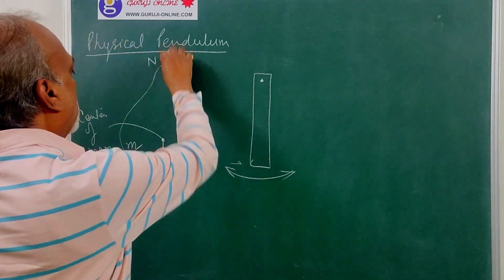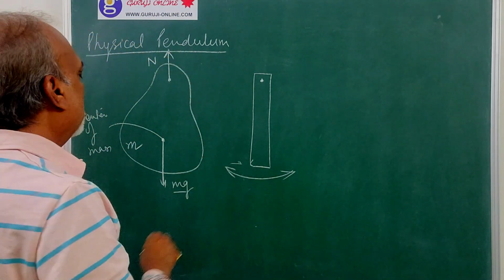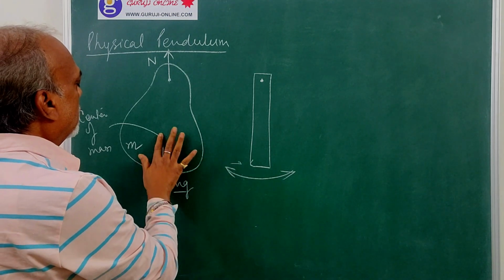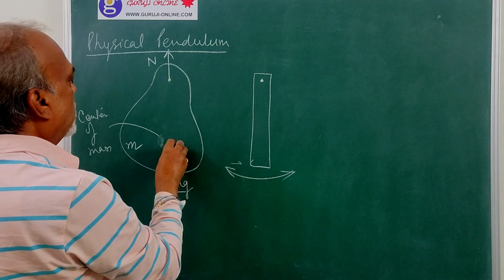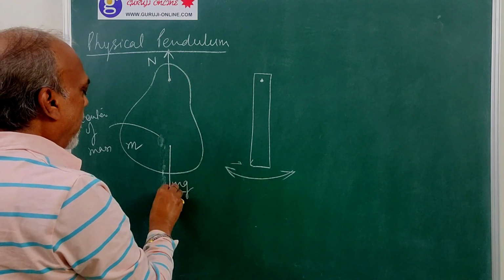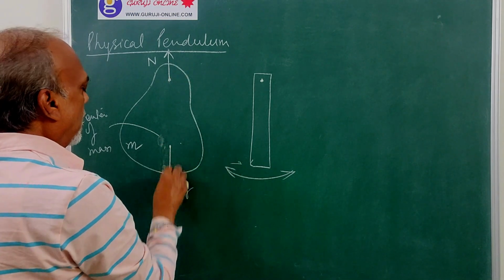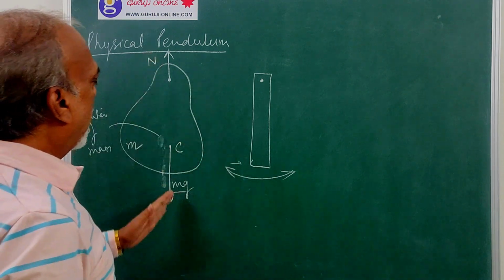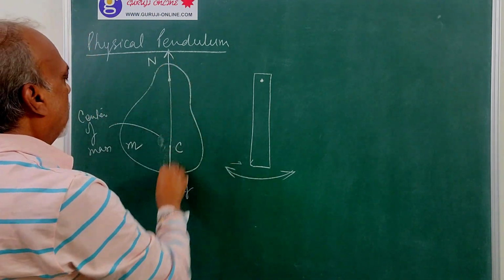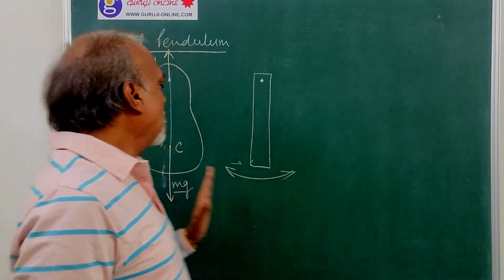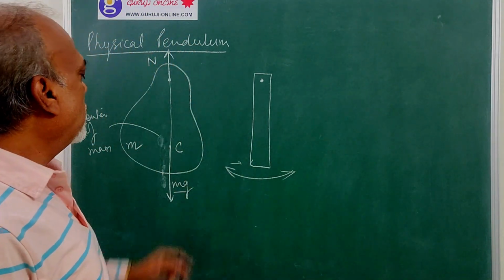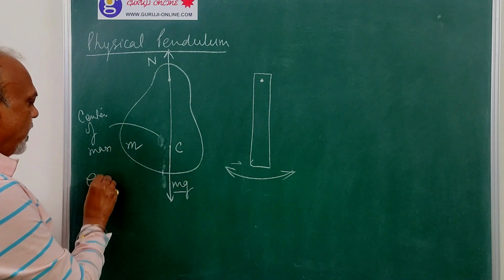Basically, they both will be in the line. Let me draw it, because in the equilibrium position, they have to be in the line. And your rigid body will keep on suspending like this, and this is called equilibrium position.